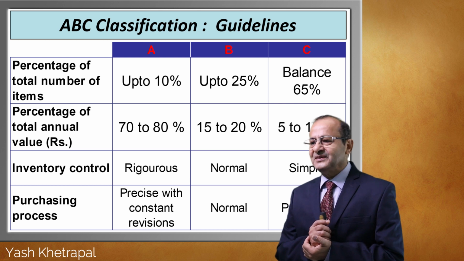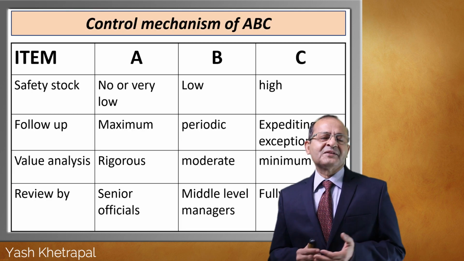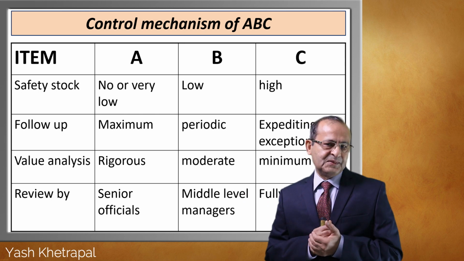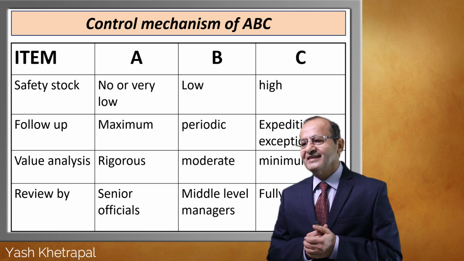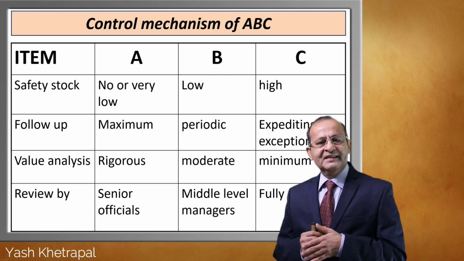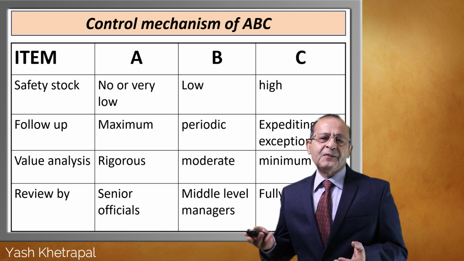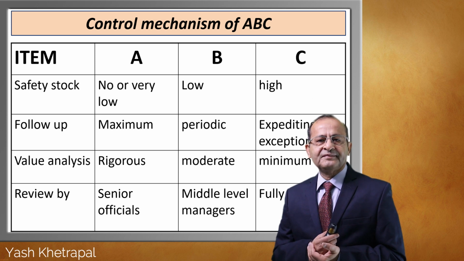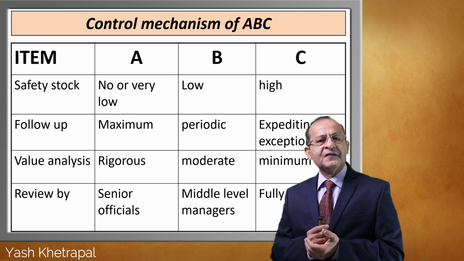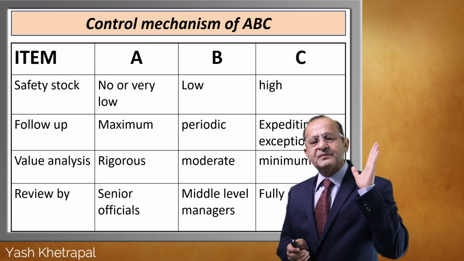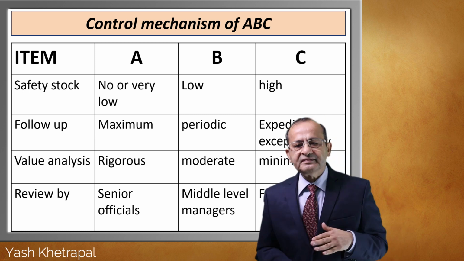We don't do constant review. And safety stock for A class is low. For B class, it's slightly higher. For C, it's high. Follow-up for A class is maximum. For B class, periodic. For C class, we expedite exceptionally because we have the stocks.